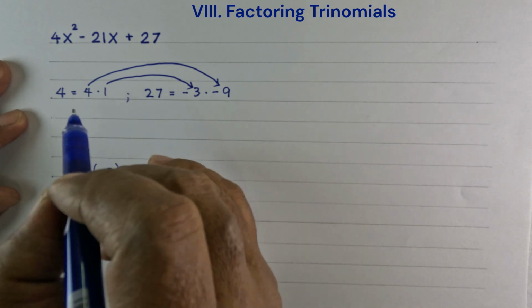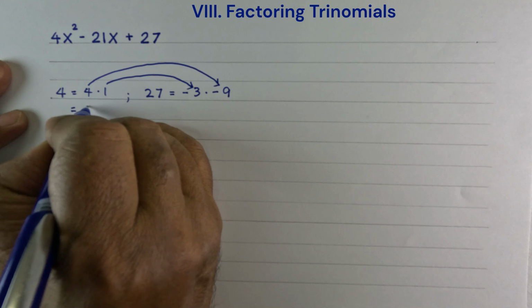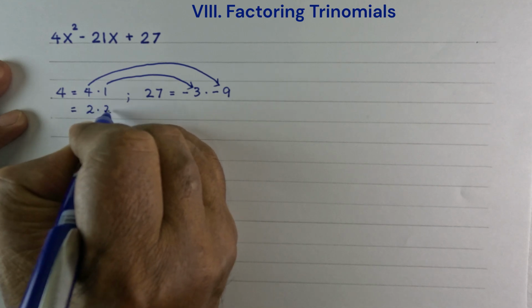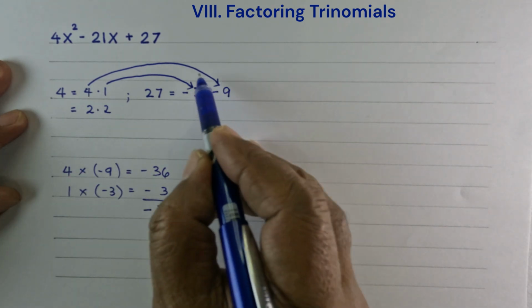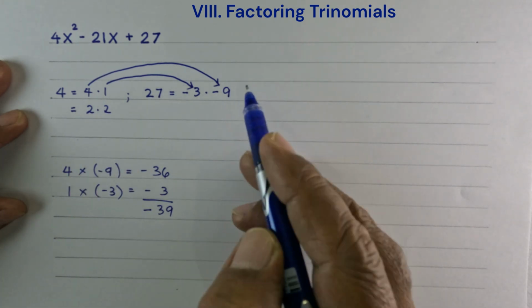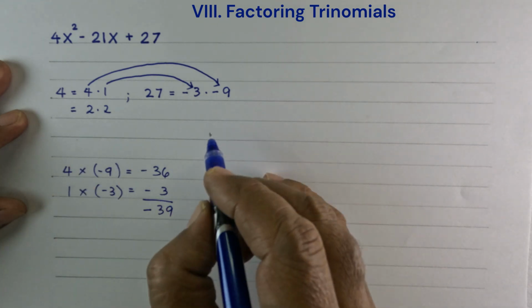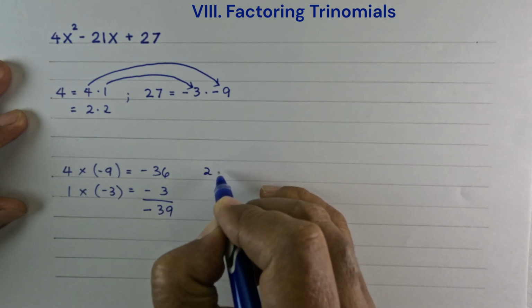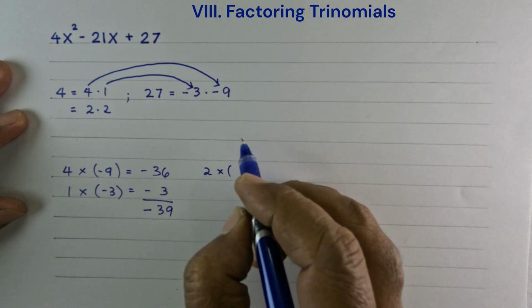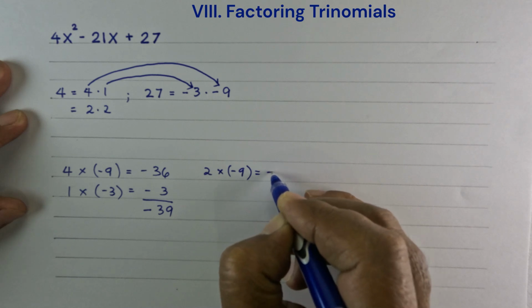Now, let's try. How about we make this 2 times 2. And we'll pair it with this. So let's get the product of the outer factors. That's 2 times negative 9. That's negative 18.